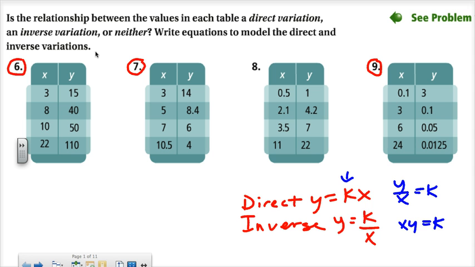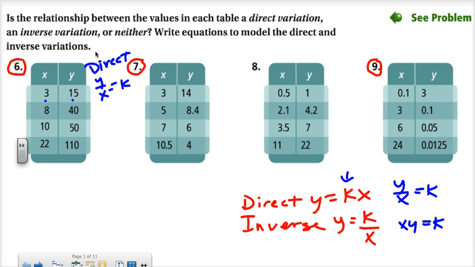So for number 6, it says, is the relationship between the values in each table direct variation, inverse variation, or maybe neither one? And then write equations to model the direct and inverse variations. So first thing I would try is direct. I would take my y value and divide it by x and see whether or not I'm getting some constant of variation.